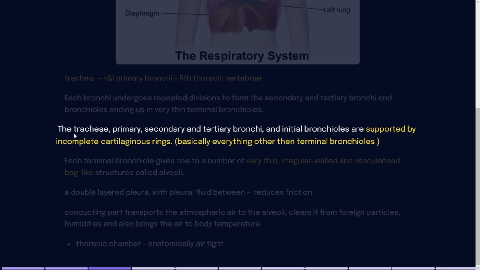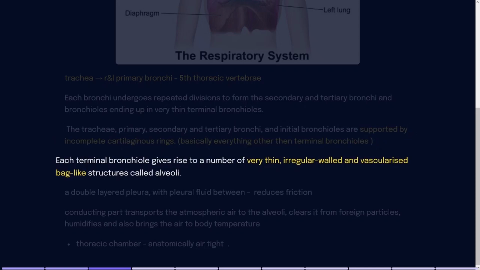They have asked this several times. After the trachea, all the primary, secondary, tertiary bronchi and bronchioles are supported by incomplete cartilaginous rings. So from the trachea to the initial bronchioles, all the structures are supported by incomplete cartilaginous rings, except the terminal bronchioles.